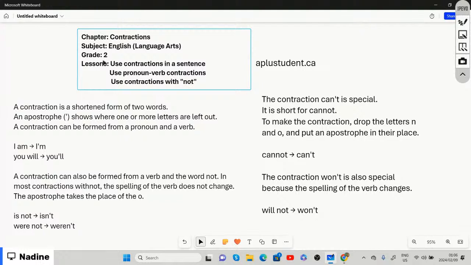And the lessons we're going to be focusing on under the chapter of contractions are to use contractions in a sentence, to use pronoun verb contractions, and lastly, to use contractions with not.